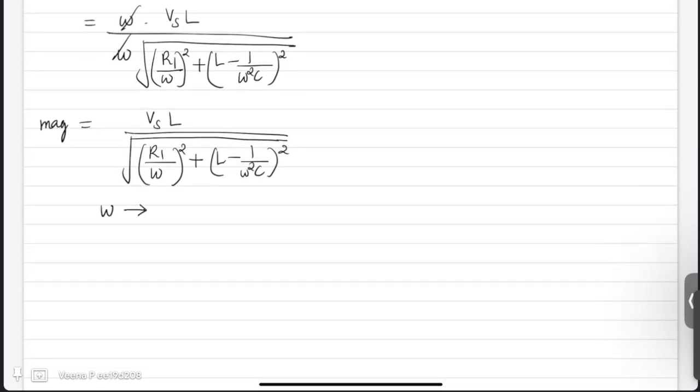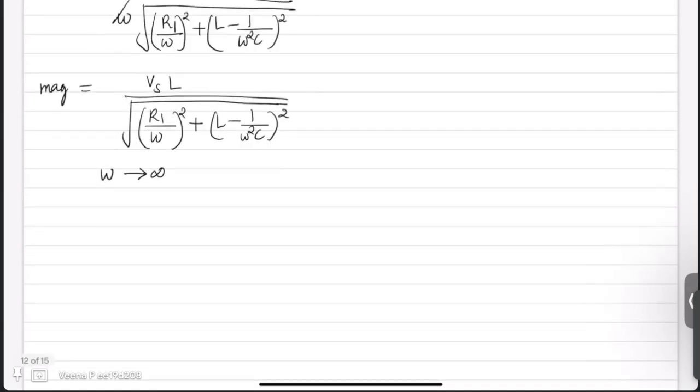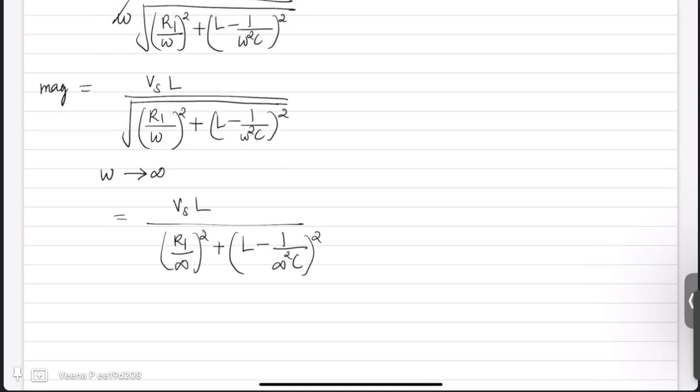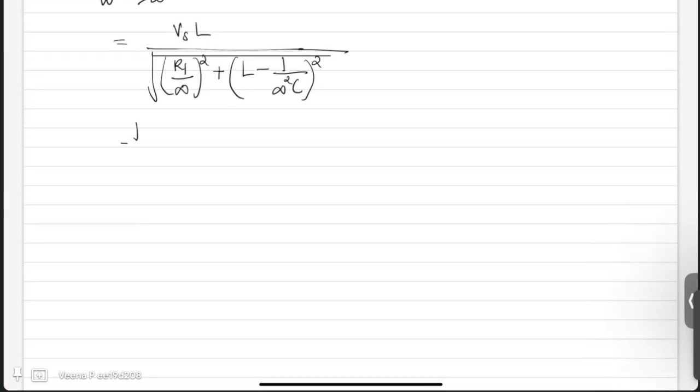Now as omega tends to infinity, I can replace omega with infinity. So this becomes (R1 by infinity) the whole square plus (L minus 1 by infinity square C) the whole square under root. Now 1 by infinity is 0.